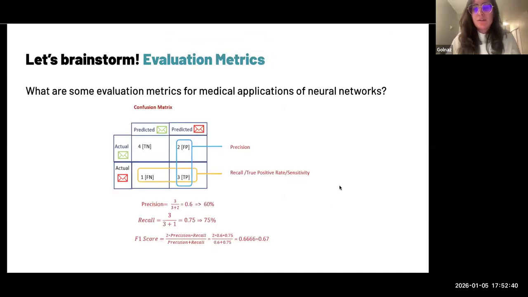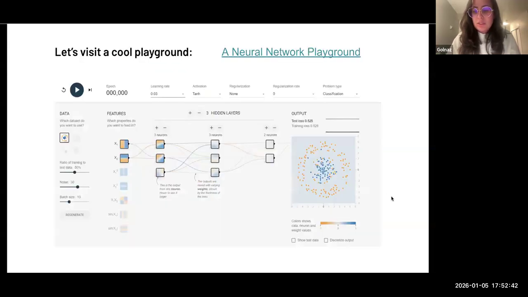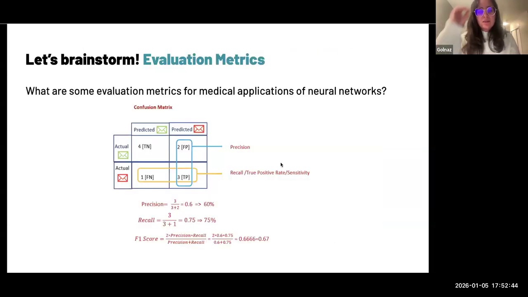I think that you might have heard about them in other courses that deal with statistical data, or general statistics.